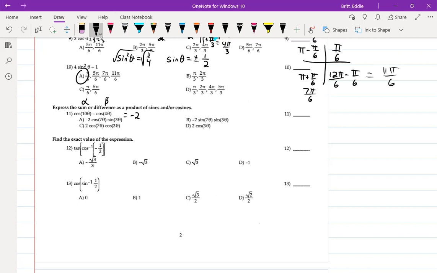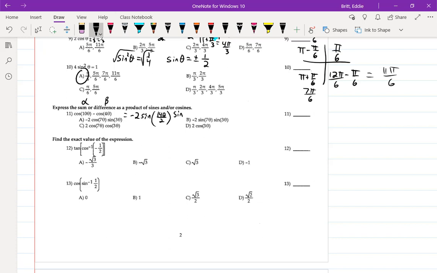So it's negative 2 times the sine of alpha plus beta divided by 2. So that's going to be 10 theta plus 4 theta, or 14 theta divided by 2, times the sine of alpha minus beta divided by 2.